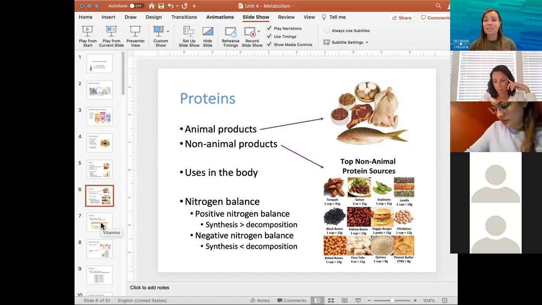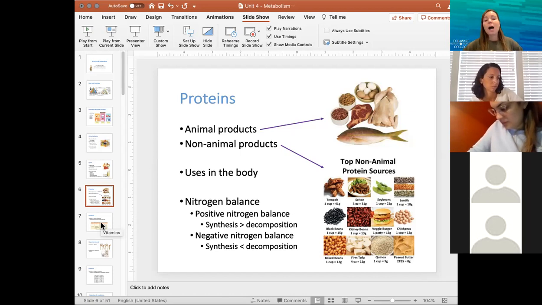And if that's the case, then you're going to have a relatively stable nitrogen balance. You're not going to have too much, like if you had too many proteins being made, and you're not going to have too little if you had too many proteins being broken down. As long as they're made at the same rate that they're broken down, nitrogen balance is going to stay the same. And that's good. That's what we want generally.